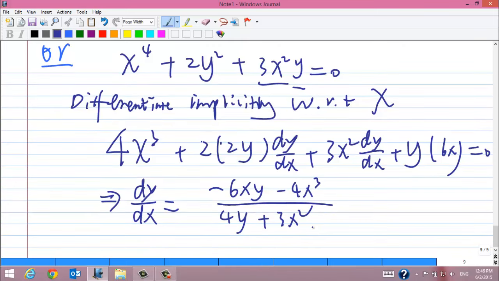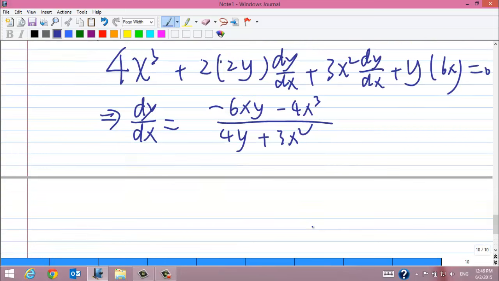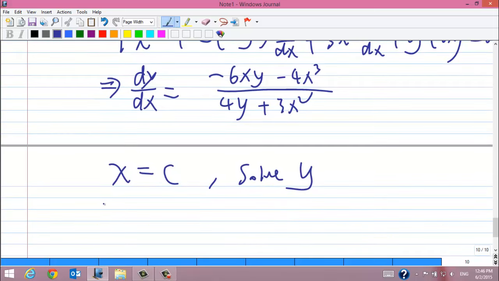Then from here you sub in x and y, but unfortunately we only know x equal to c. We need to solve for y. So to solve y, you need to sub x equals c into the original equation, which is c to the 4 plus 2y squared plus 3c squared y equals 0.